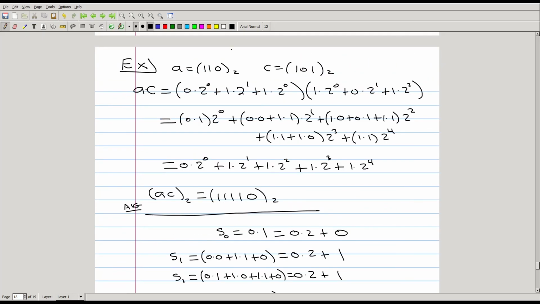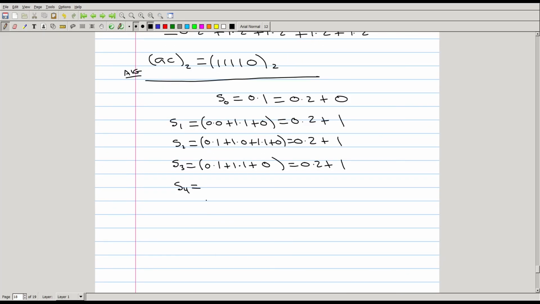So 1 and 1. And we have to add to that the carryover from the last step, which is 0. This is equal to 1, so it'll be 0 times 2 plus 1, and there's no more carryover, so we can stop the algorithm, and we're left at the number 11110, which is these remainders, base 2.